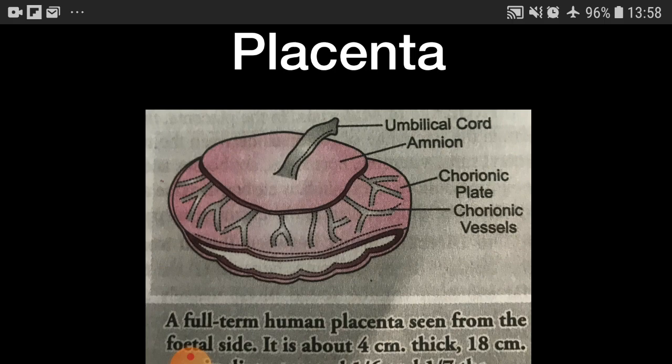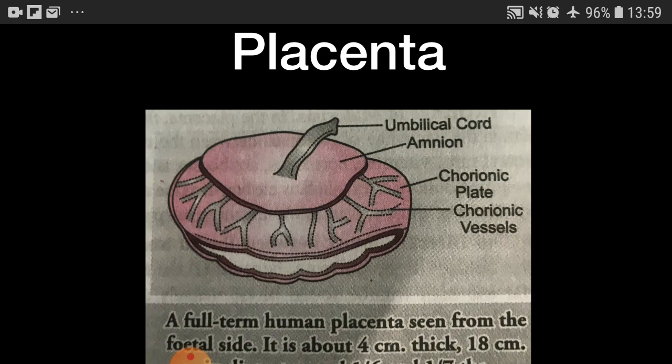Even nicotine from cigarette smoke crosses the placenta and stunts fetal growth, so expectant mothers should not take nicotine. Then addictive drugs like heroin and cocaine reach the fetus and cause addiction in the newborn. So pregnant women should avoid all these things which harm or hamper the normal development of the fetus.